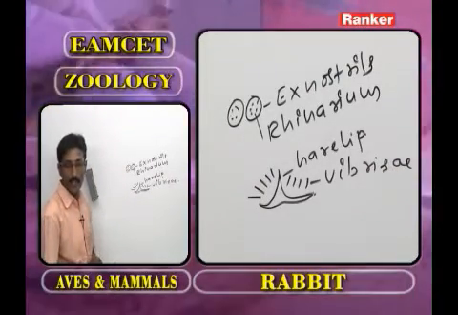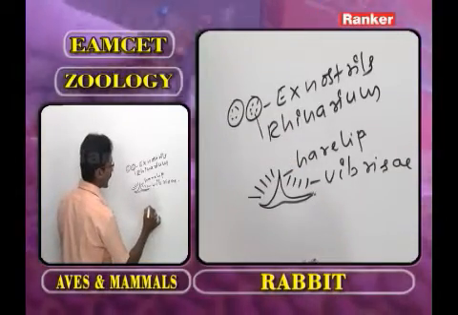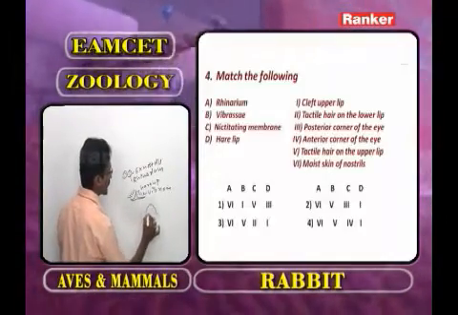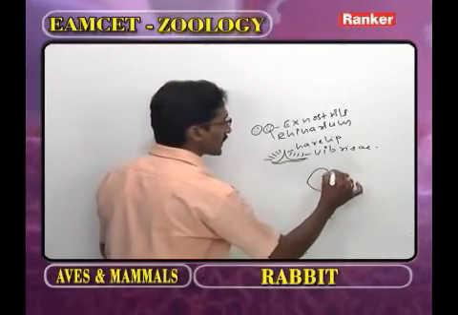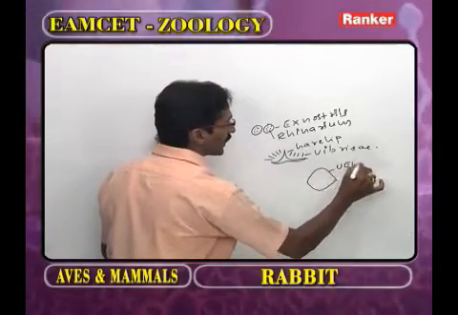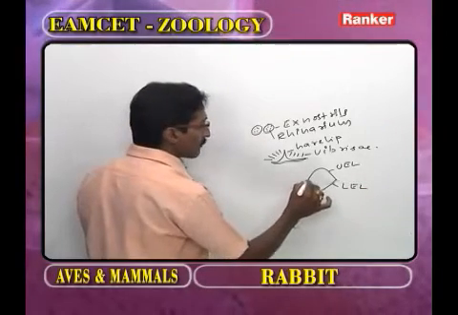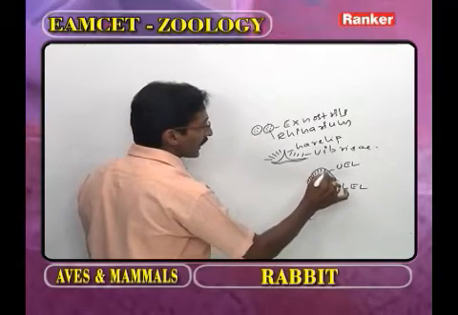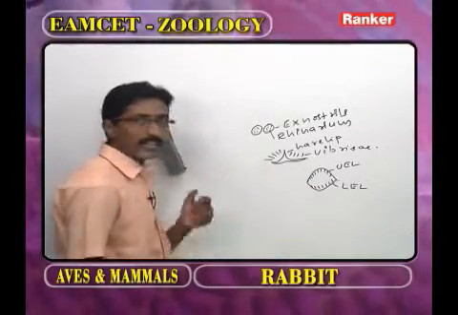Now the third one is nictitating membrane. Now as we observe the head of rabbit, on either side one pair of eyes are present. Now this is upper eyelid and this is lower eyelid. The upper eyelid having eyelashes, the lower eyelid having eyelashes.